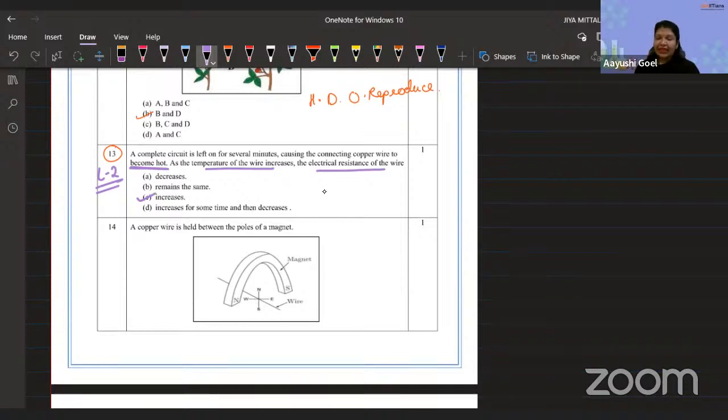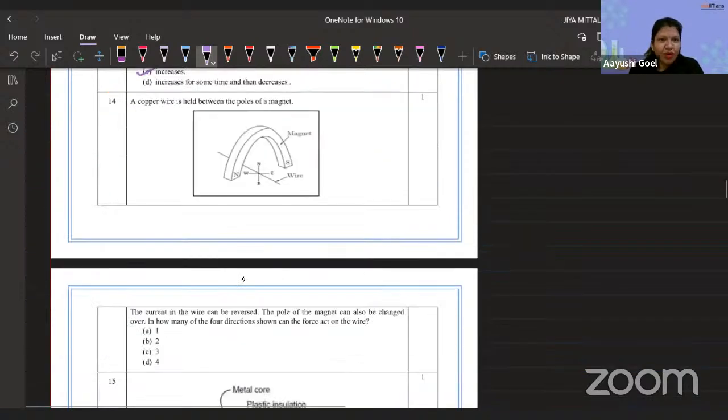Because the effective volume area of the atom will increase. Initially the atom area was this much, now the effective atom area will be this much. Because of heat, there will be more movement, and because of more movement, there will be more collisions. Due to more collisions, there will be more resistance. Is it clear? That is the logical answer for this.